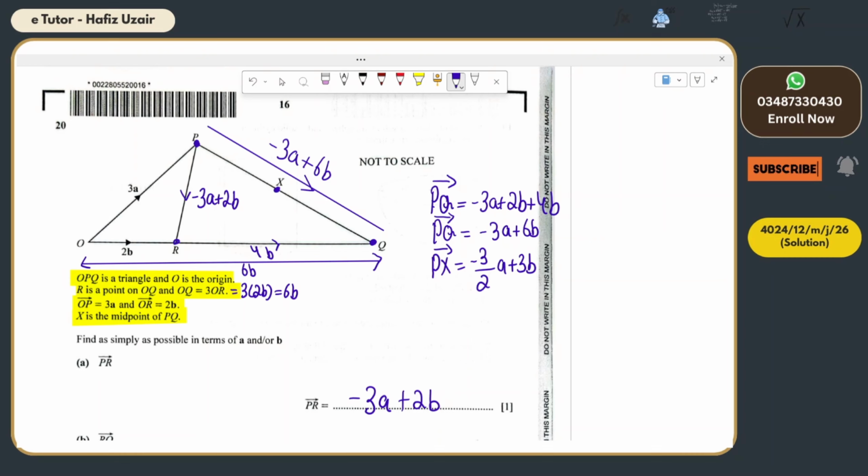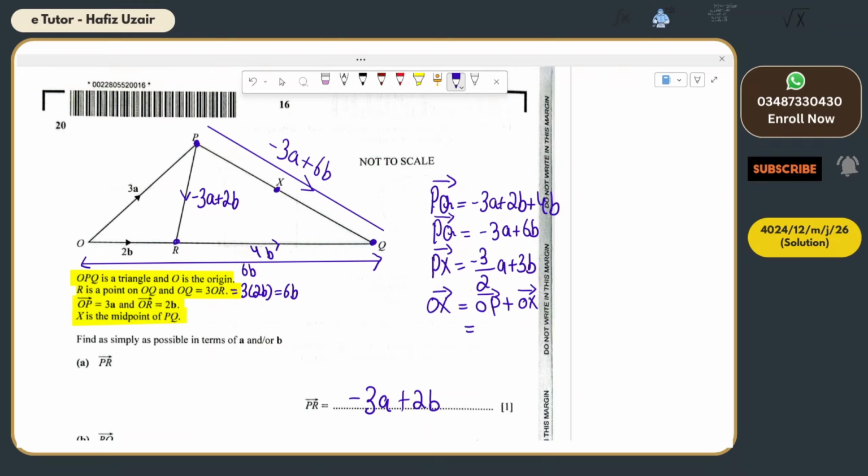Now we can easily find out OX. Just move this way and then this way. So OX will be equal to, let's write it over here, OP plus PX.